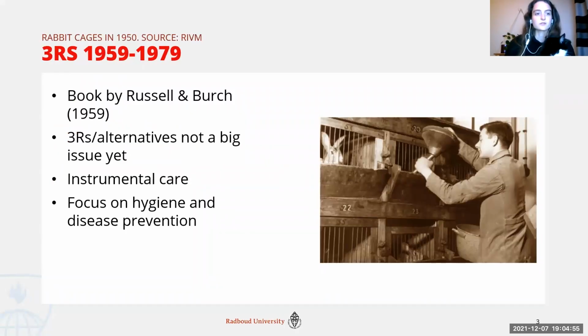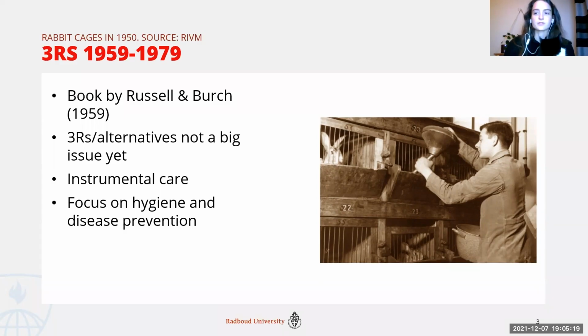So for a brief history of the 3 R's, I assume you all know that they are replacement, reduction, and refinement. They were first introduced by Russell and Burch in their book, The Principles of Humane Experimental Techniques, already in 1959, so a pretty long time ago. And they weren't immediately the success that they are now.